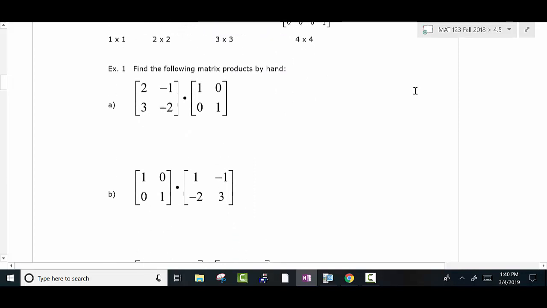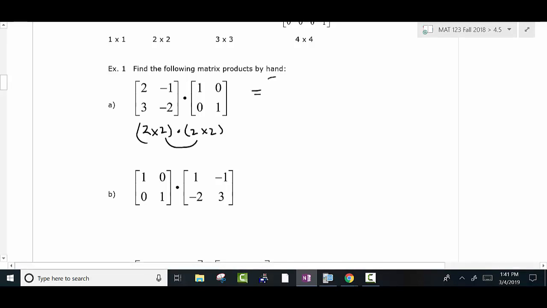And this kind of thing right there, you should know what the answer is. But we're going to go ahead and just do one of these by hand. This is a 2 by 2 matrix. You're multiplying by a 2 by 2. So we can do it. So what's the size of the answer? 2 by 2, right? We've talked about that today.